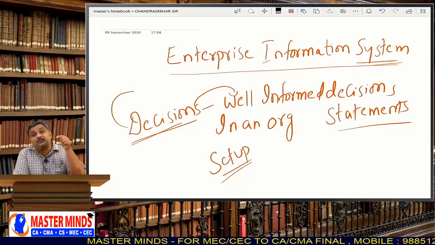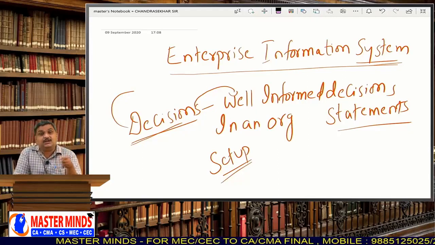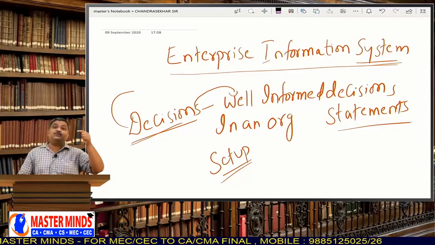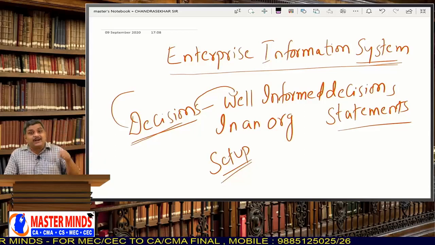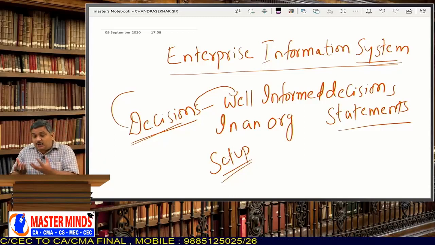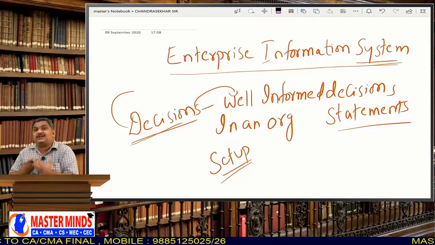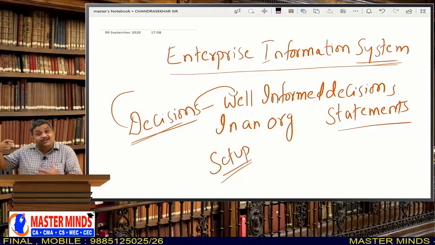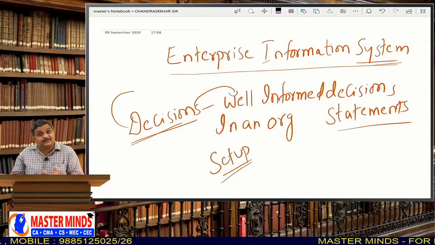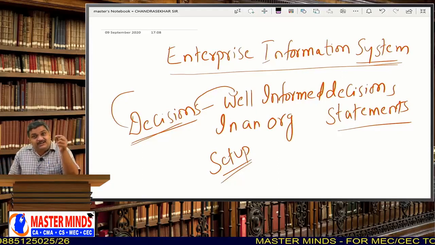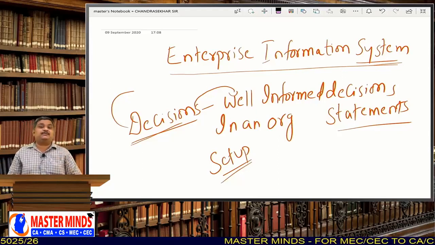Now, it is the responsibility of the auditor to know about the information system, and also to audit the information system. Why? See, you are analyzing the documents that are generated from that information system. But is there any guarantee that the information system is accurate? How can you believe a financial statement that is generated from an information system?